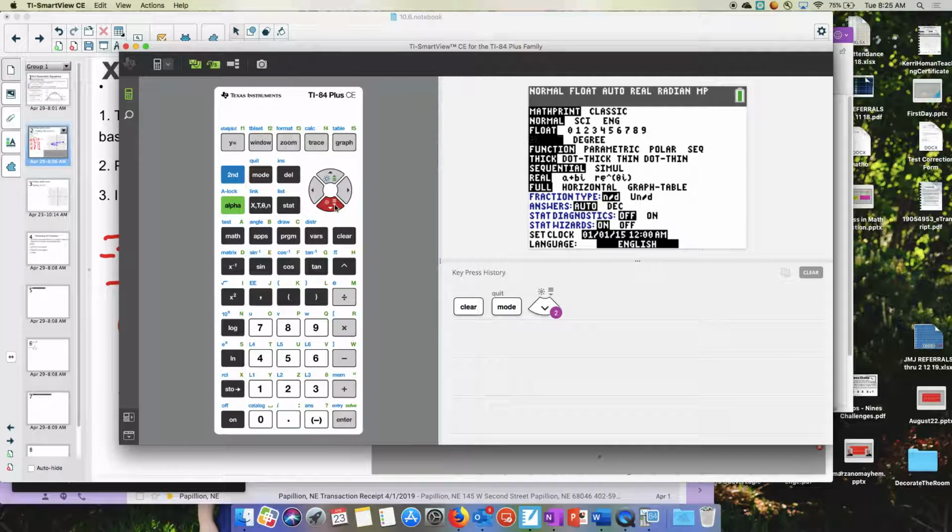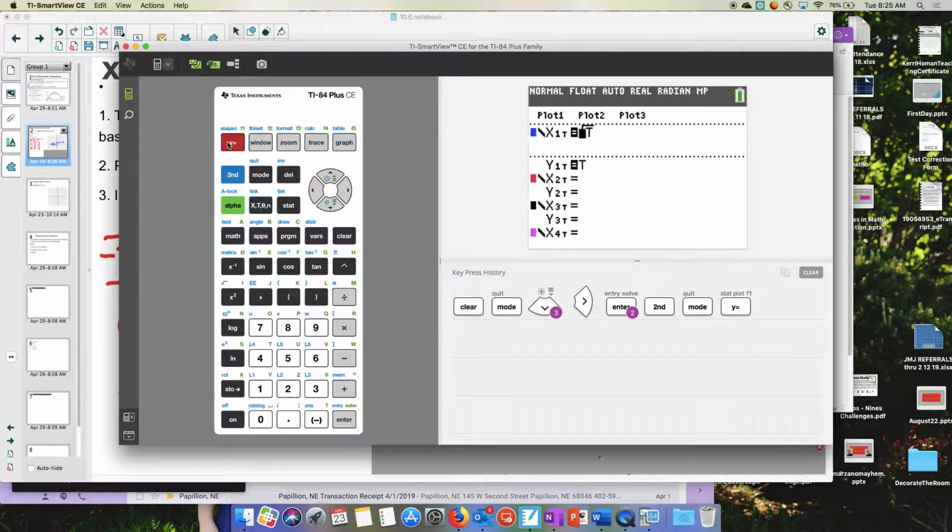And do you see where it says function? There's a mode called parametric. Yes, it might be parametric or it might be PAR. Okay, if you highlight that and hit enter and then quit out of it, when you go to y equals, you have t's. Okay, x equals and y equals.